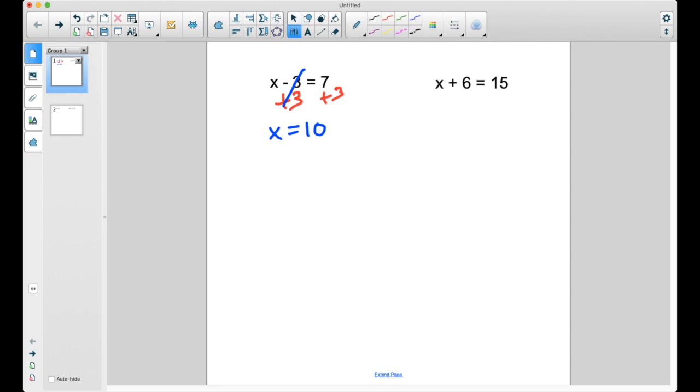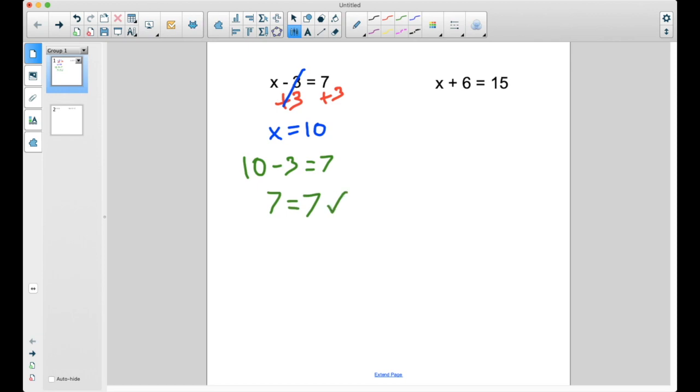Now we can check our answer by substituting our answer back into the original equation. Since we know that x is now equal to 10, we can check by writing 10 minus 3 is equal to 7. And that's absolutely true. 7 is equal to 7.